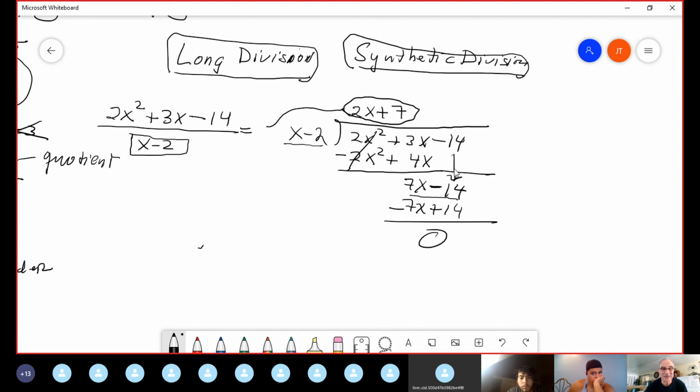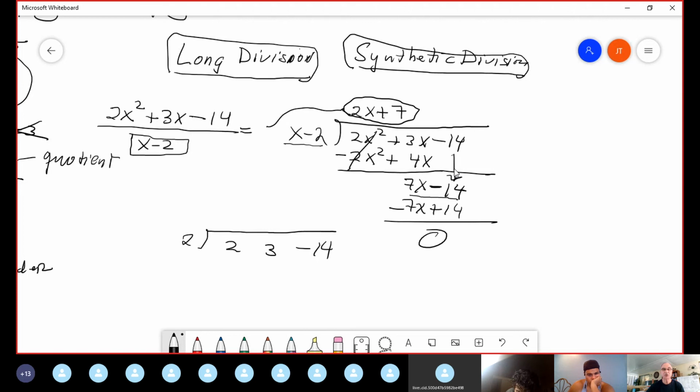You open the same symbol and copy the coefficients of the dividend without variables: 2, 3, and negative 14.